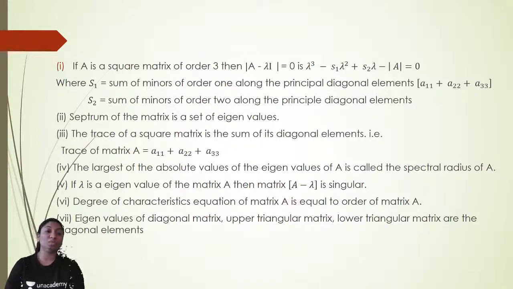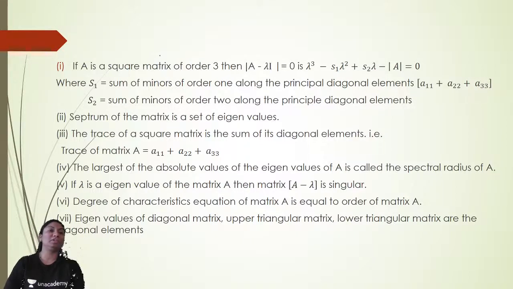Once you know all these 7 plus properties, you can definitely solve any example on eigenvalues and eigenvectors. If A is a square matrix of order 3, then the determinant of A minus lambda I is equal to 0, and the characteristic equation is lambda cube minus s1 lambda square plus s2 lambda minus determinant of A is equal to 0.